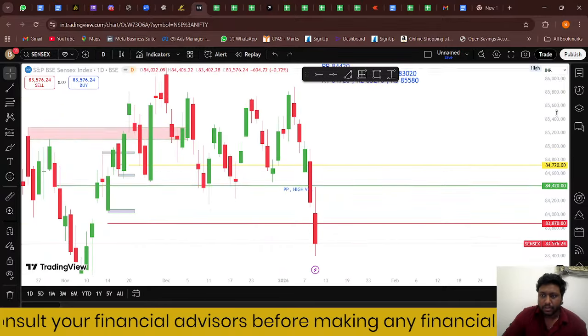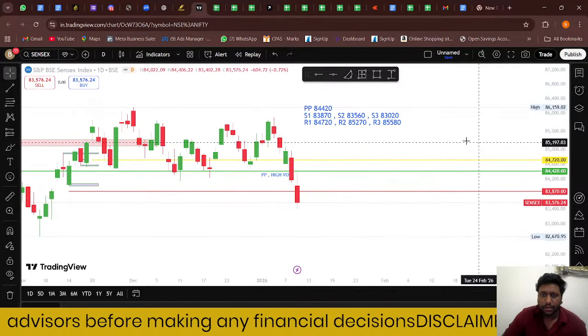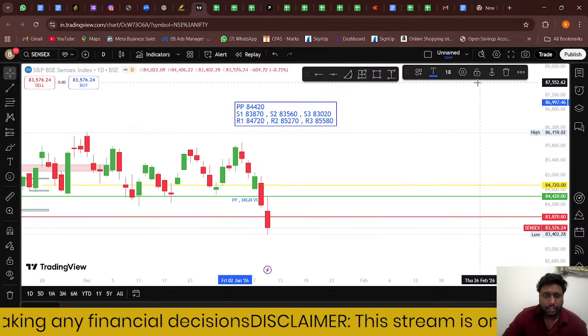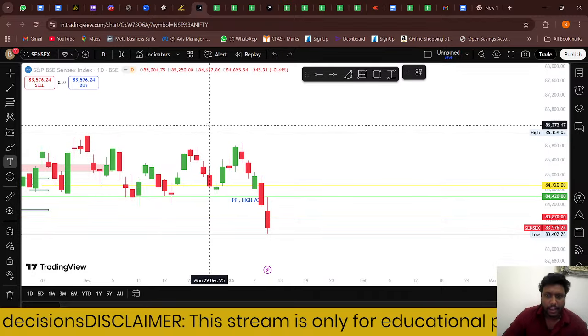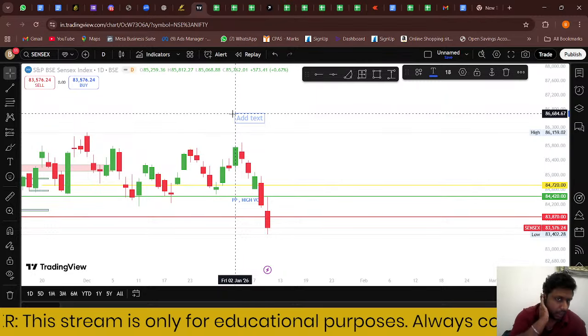Sensex also, similarly to the whole market including mid cap, had a great bear run. With respect to Sensex, today's pivot line lies at 83,800. It is 794, we will mark it as 800.